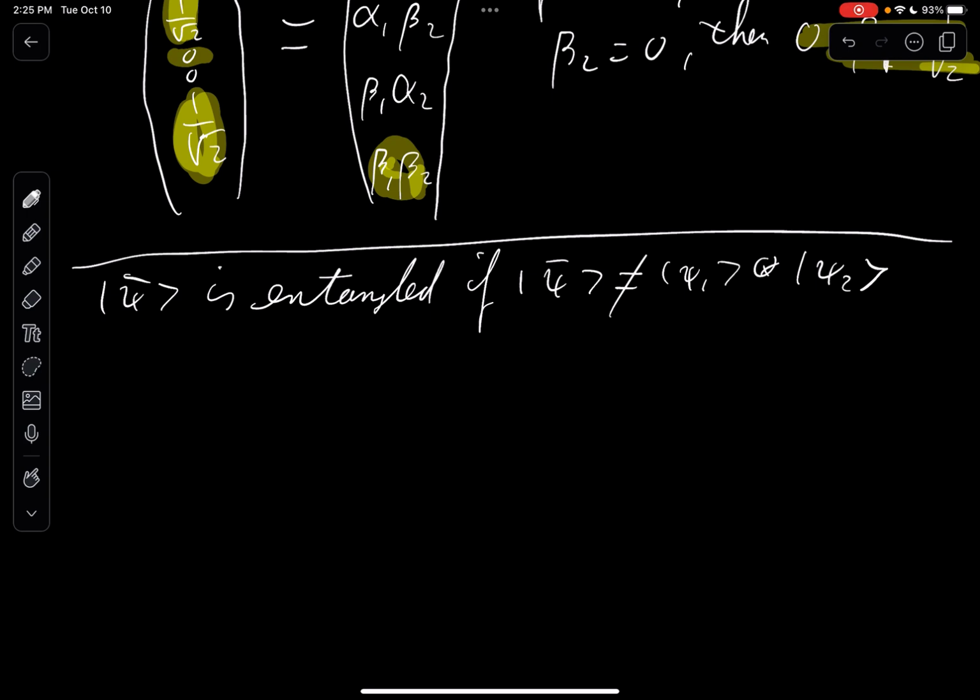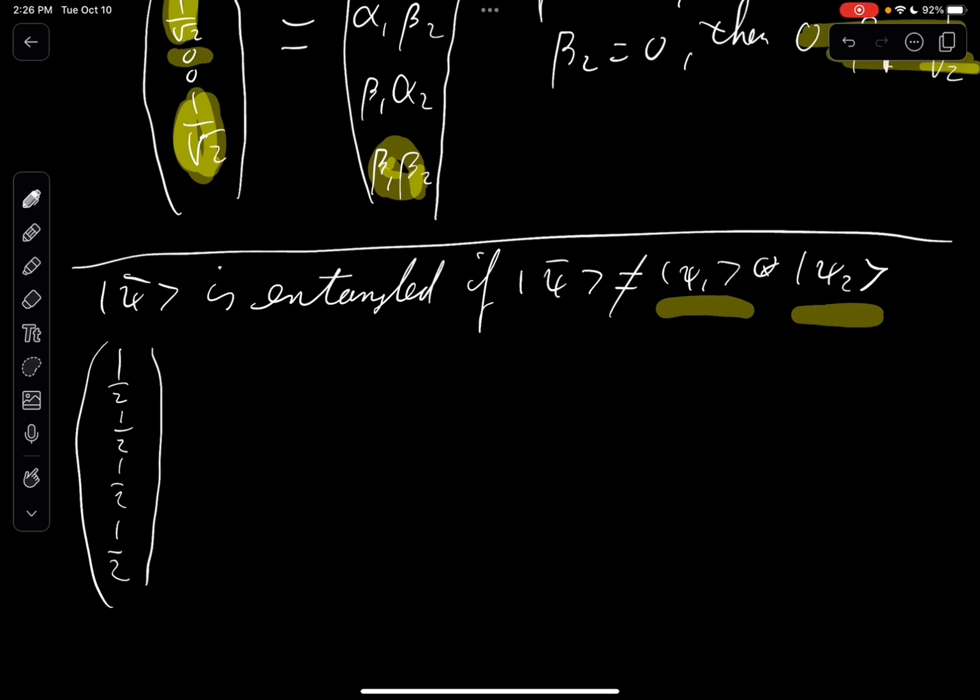And important here, I should consider that I'm allowed to choose any two qubit states. So maybe as an example, if I take the following state, then you might think naively, oh, this looks sort of entangled, like I have entries everywhere.